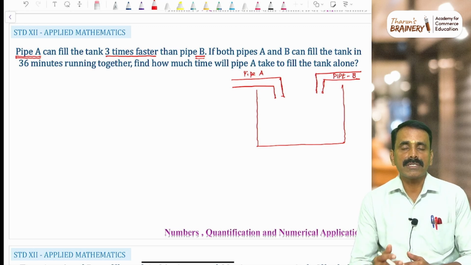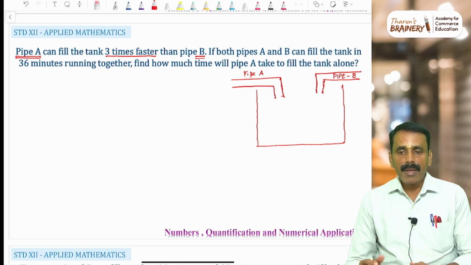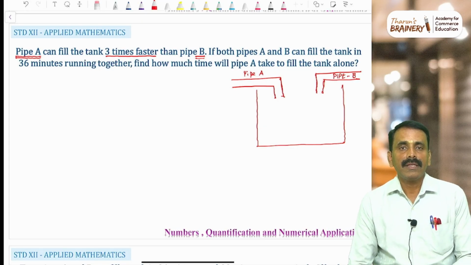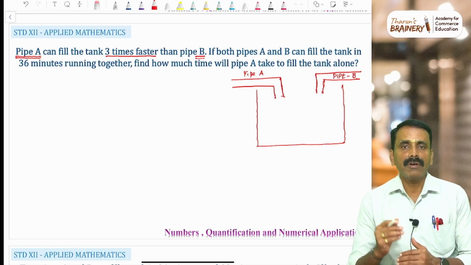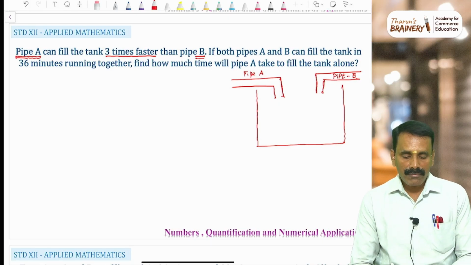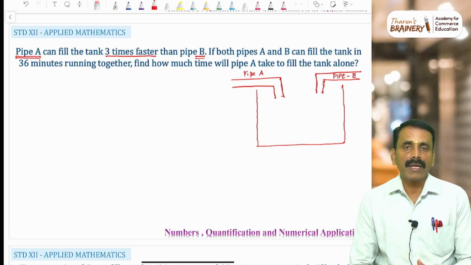That is the meaning of faster. It is quicker. Suppose pipe B takes 9 hours to fill the tank, then pipe A will take 1/3 of the time, that is 9 divided by 3, that is 3 hours to fill the tank. So we have to be very careful when we assume the time taken by pipe A and pipe B to fill the tank.